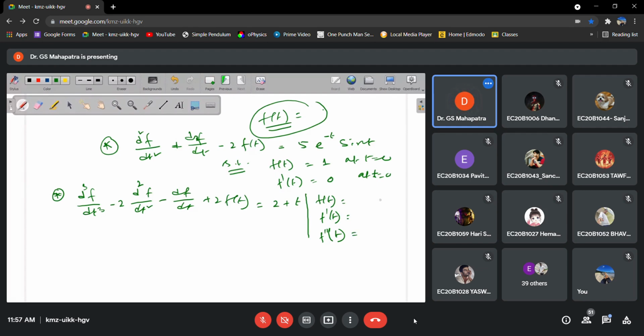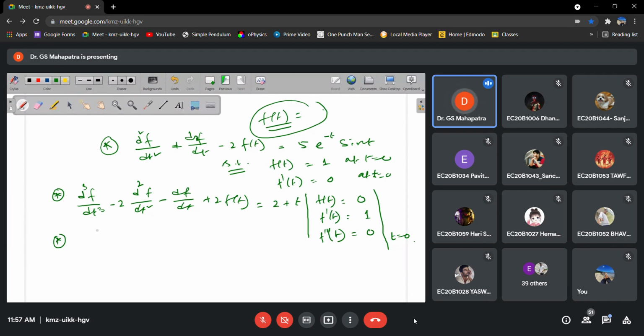At t equals 0, these are 0, 1, and 0. Correct, this is the condition.